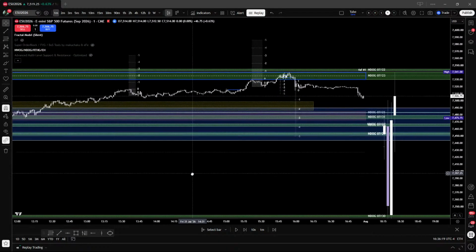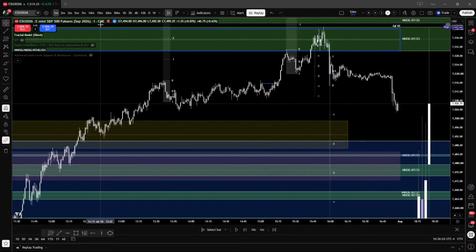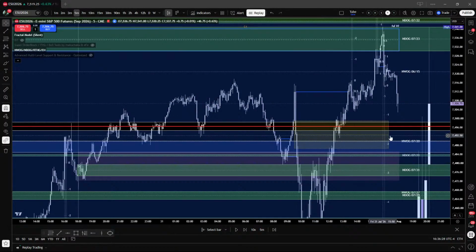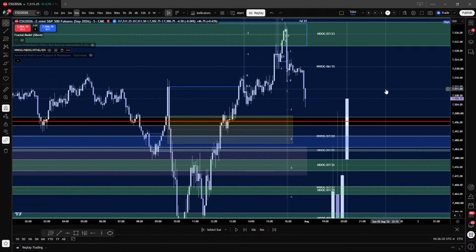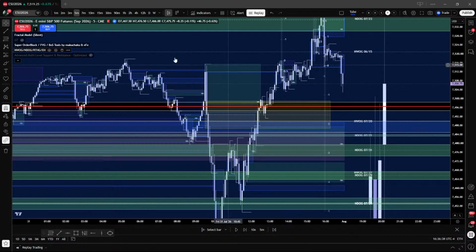This one here. Let's go to the 5 minute here. If you add all of these, then your chart is going to get pretty busy, right? But this is a good one here. Super order block.